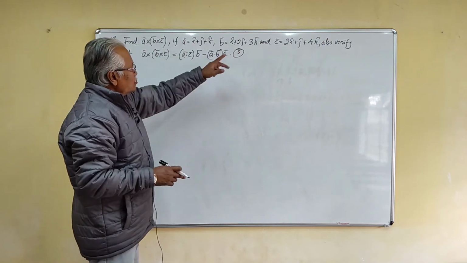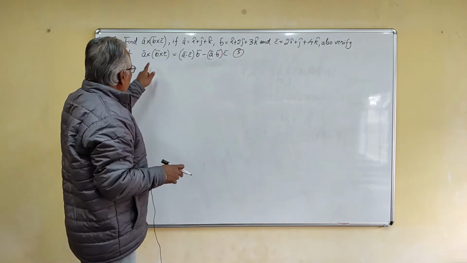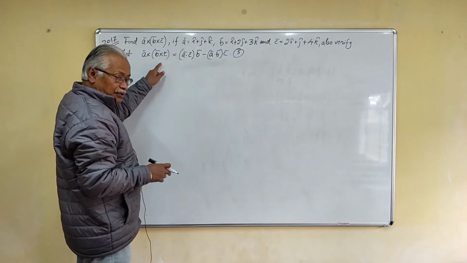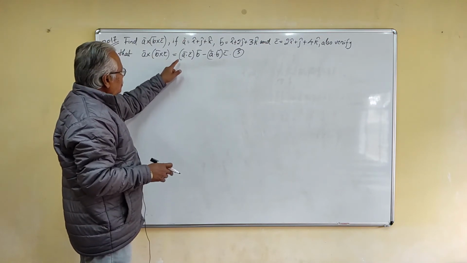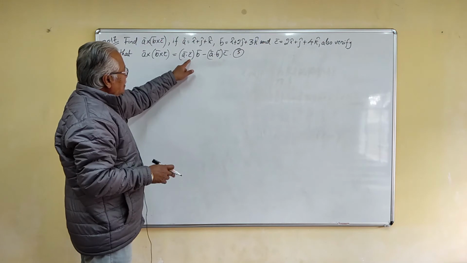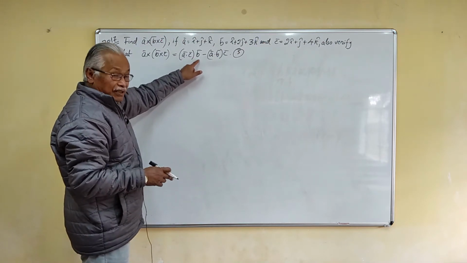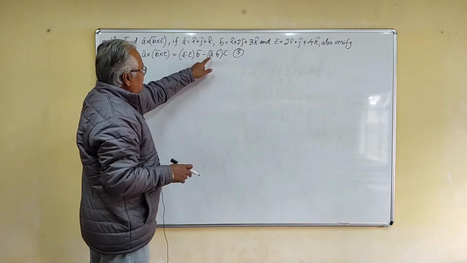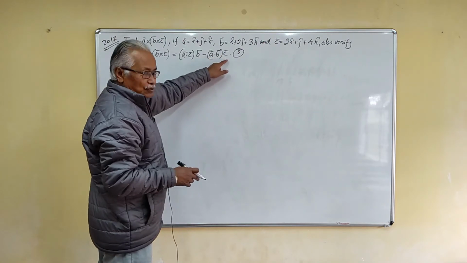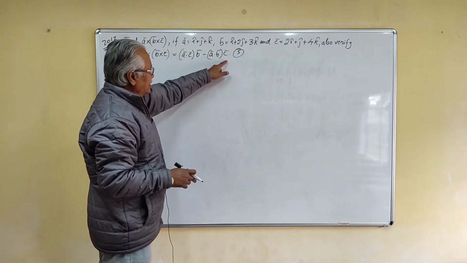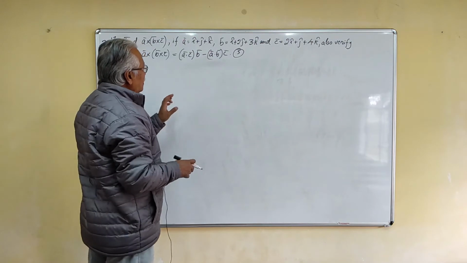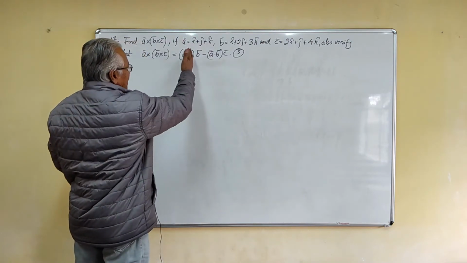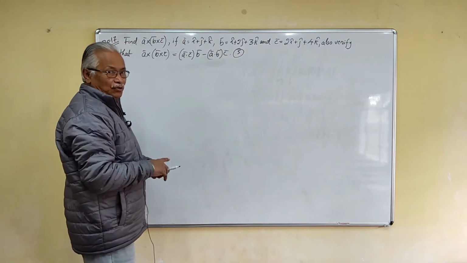Then you have to verify that A cross (B cross C) is equal to (A dot C) multiplied to B minus (A dot B) multiplied to C, taking the values of A, B, C as given to you.